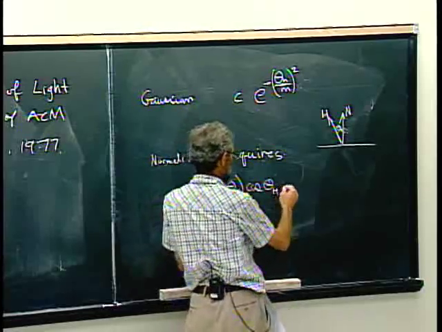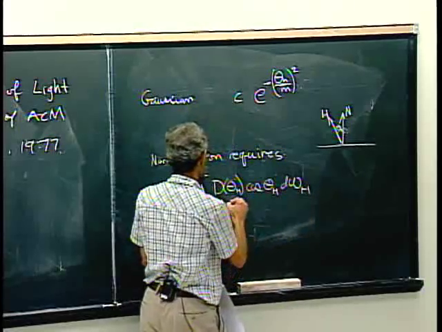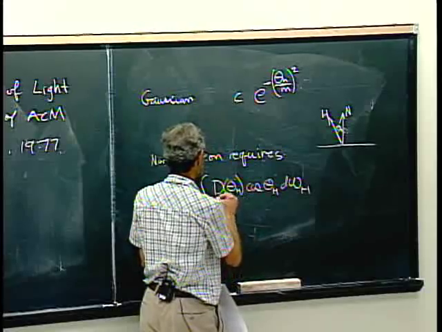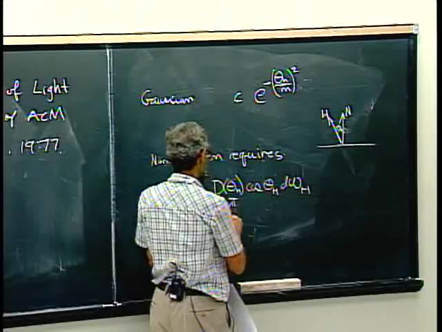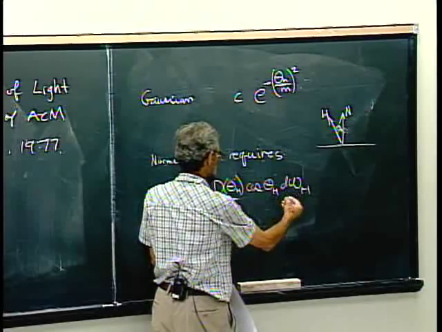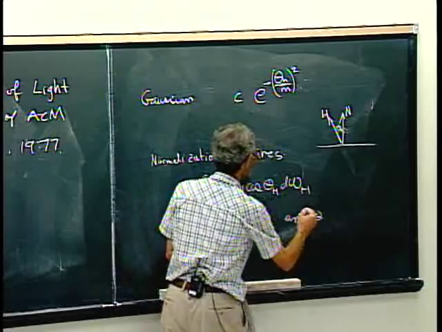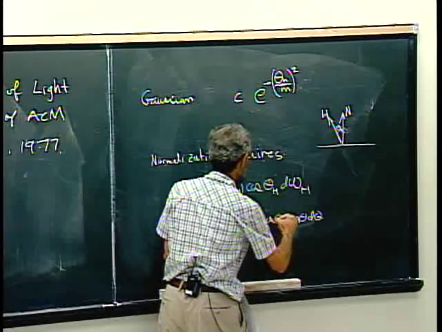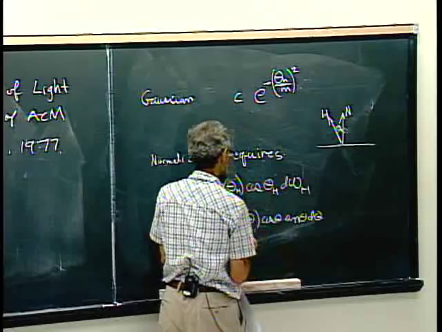times cosine theta h times solid angle for h, which is really an integral from 0 to 2 pi, 0 to pi halves for theta. This is d phi, and this d omega is going to be sine theta d theta d phi. So cosine theta from here, density of theta.